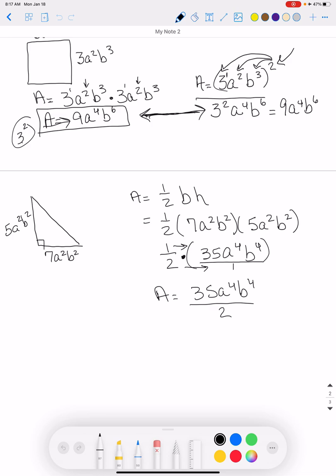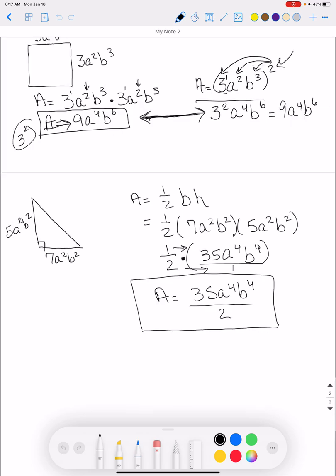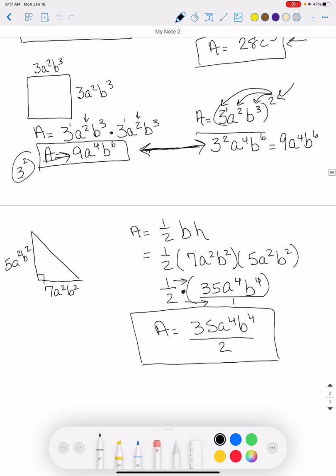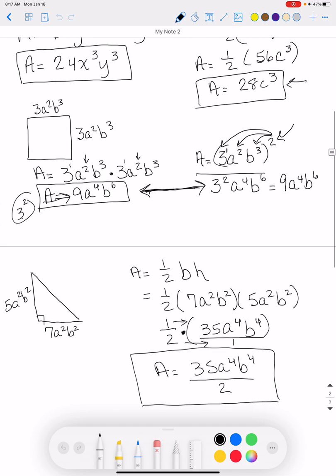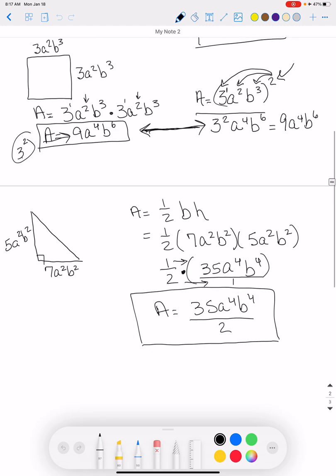So I'm just going to leave it as a fraction, and I'm going to put 35a to the 4 b to the 4 on top, and then put the 2 on the bottom, and then that is your final answer. So when you're dealing with area of a triangle and you've got that 1/2 to deal with at the end, if it's an even number that's divisible by 2, reduce it. If it's not an even number divisible by 2, leave it as a fraction like we did here.